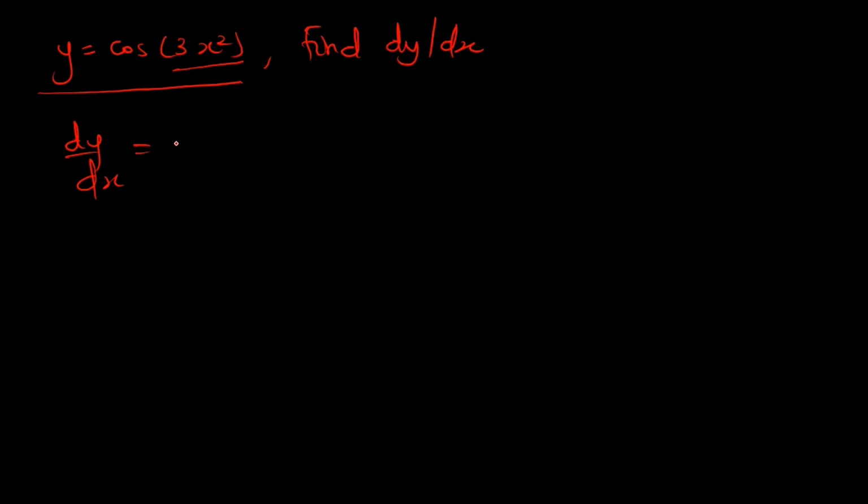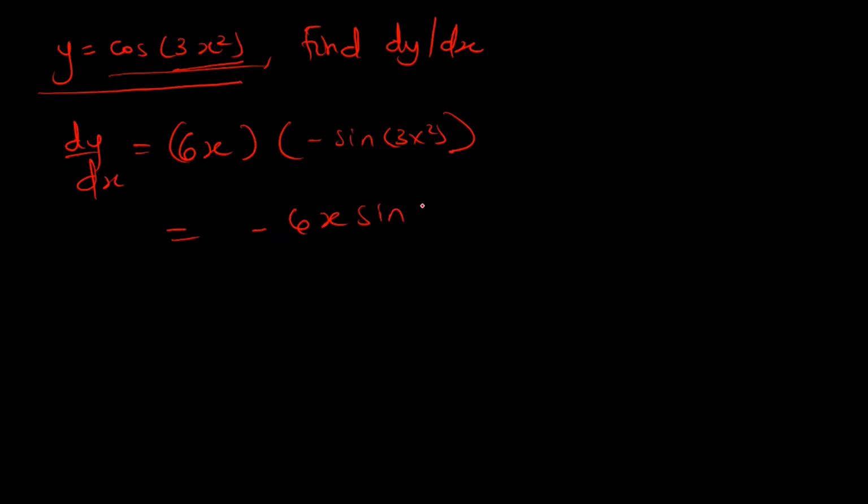So we differentiate whatever we have there. When you differentiate 3x squared, we are going to get 6x, right? Multiplied by the derivative of cos 3x squared. If you differentiate cos, you get negative sine. So we get negative sine 3x squared. So the derivative of cos 3x squared will be negative 6x sine 3x squared. Just like that, as simple as ABCD.